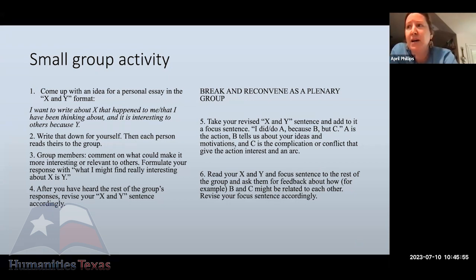I have a flex seating classroom, so they're already in little self-selected groups. I don't give seating charts. I gave them a note card. We'd already read and analyzed some memoir essays, and I had them write a list of 6-word memoirs.